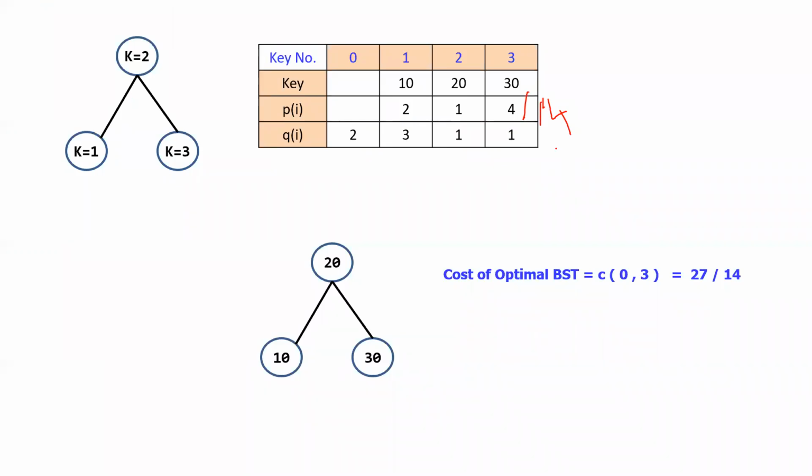So finally, 27 is not the cost. 27 divided by 14 is the actual cost of the binary search. So this is how, given a BST problem, you use the dynamic programming approach to generate an optimal BST and also calculate its cost.